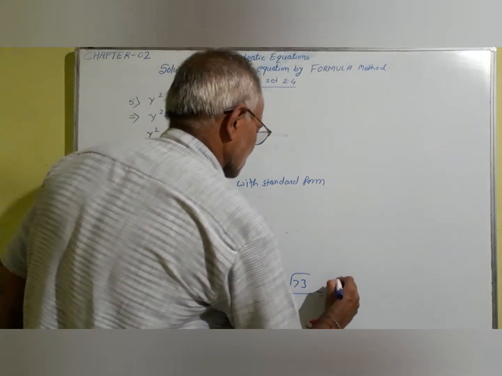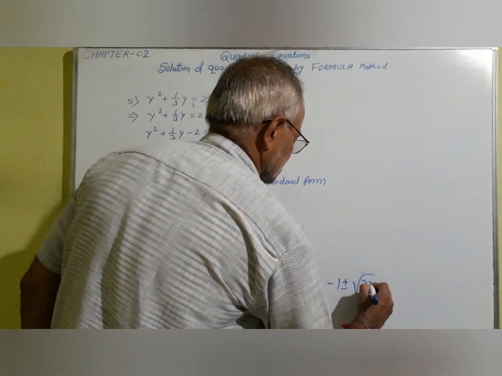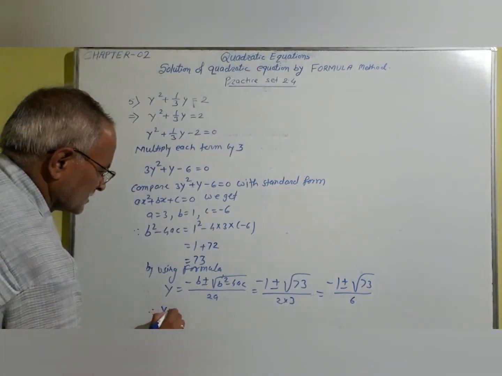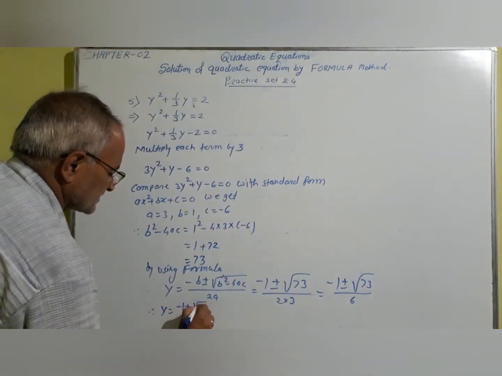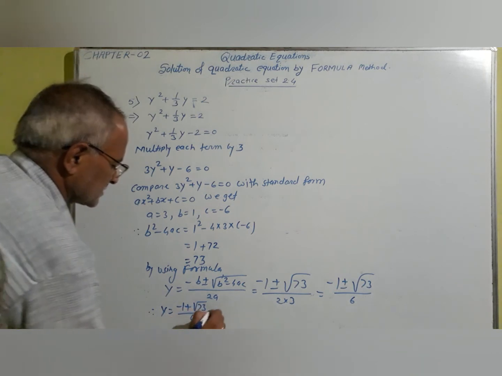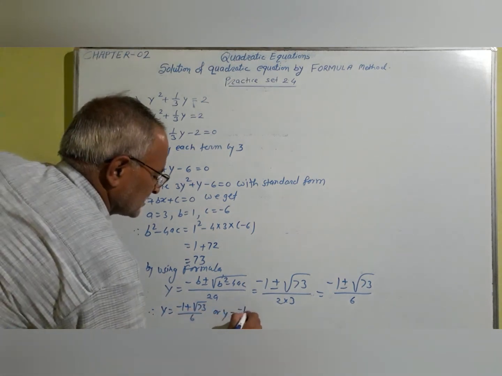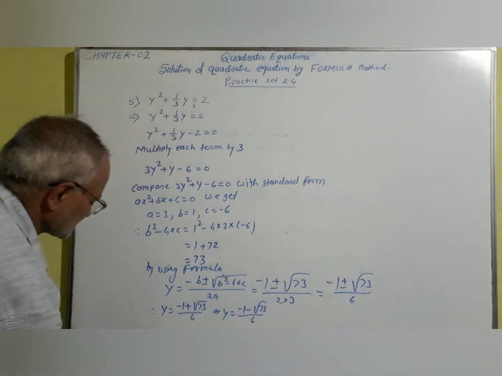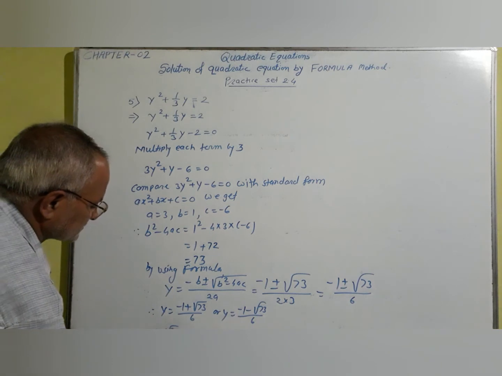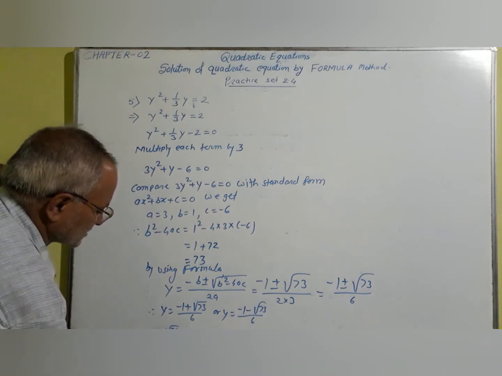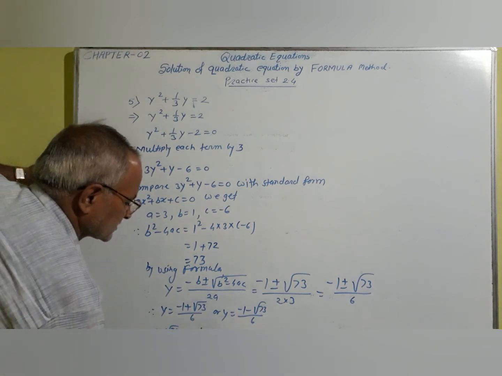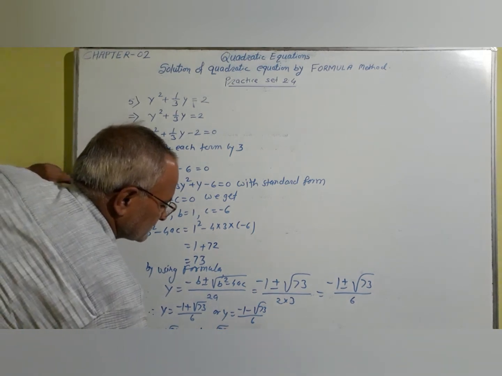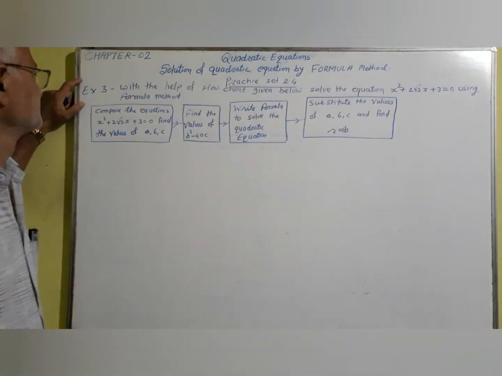That is equal to minus 1 plus or minus square root of 73 upon 6. And therefore, y is equal to minus 1 plus square root of 73 upon 6, or y is equal to minus 1 minus square root of 73 upon 6. Therefore, minus 1 plus square root of 73 upon 6 and minus 1 minus square root of 73 upon 6 are the roots.